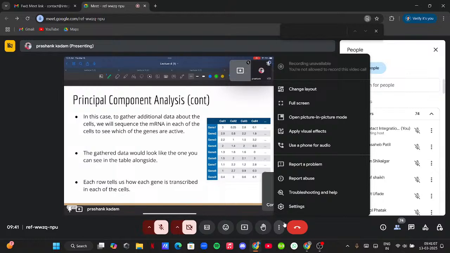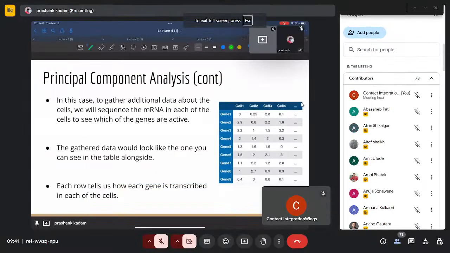So in order to gather some additional information from the data, we will sequence the mRNA, and we'll get the genes from that cell which are active. This is just one common operation that is performed in biomedical research.